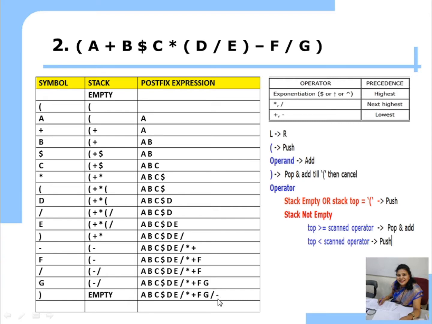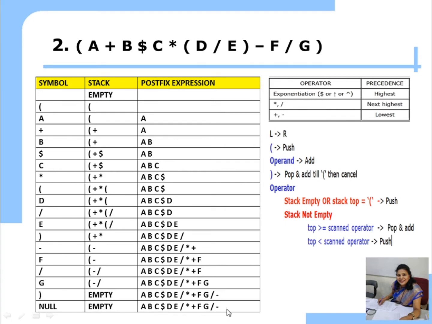Okay. Next, after this right parenthesis, there is a null character. Whenever you encounter the null character, what is your aim? To empty the stack. But your stack is already empty now. So there is no need to pop all the elements from the stack, because your stack is already empty and you cannot perform the pop operation.